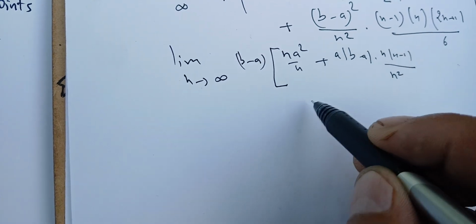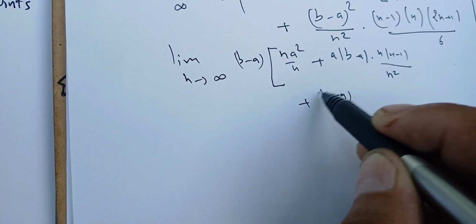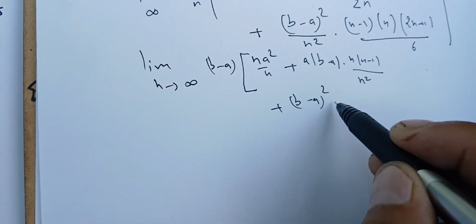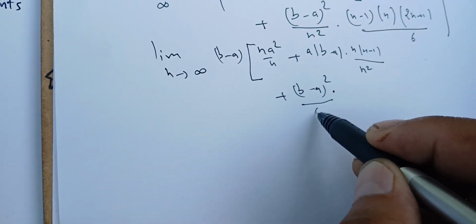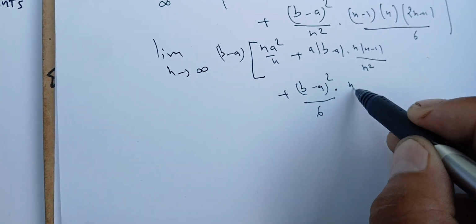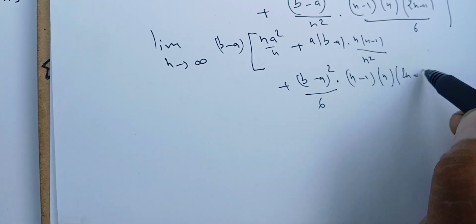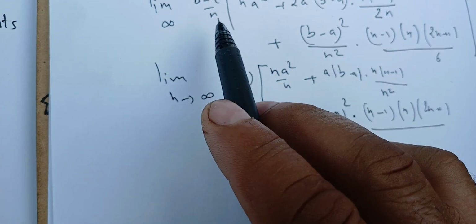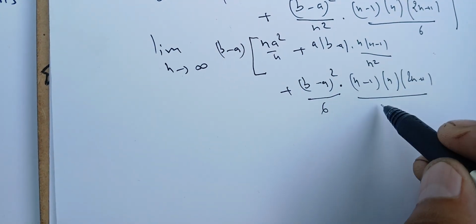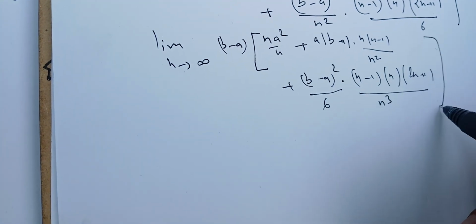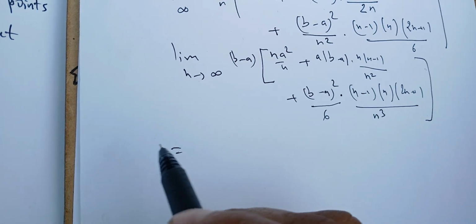And here it's going to be plus b minus a squared times, let's make it over 6, times n minus 1 times n times 2n plus 1 times the n from here, and the n squared is going to give us n cubed. Okay, now we'll take the limit.